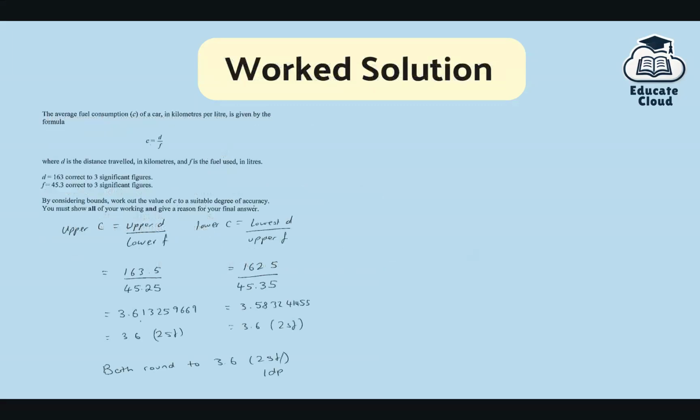We still work out the upper bound and lower bound using the same method as the spaghetti question. For the upper bound, we want the upper bound of D divided by the lower bound of F. For the lower bound, the lower bound of D and the upper bound of F. But we realize that they're both rounding to 3.6, so that's my suitable degree of accuracy. This is not as explicit in terms of what they're asking us, but it is a bounds question.